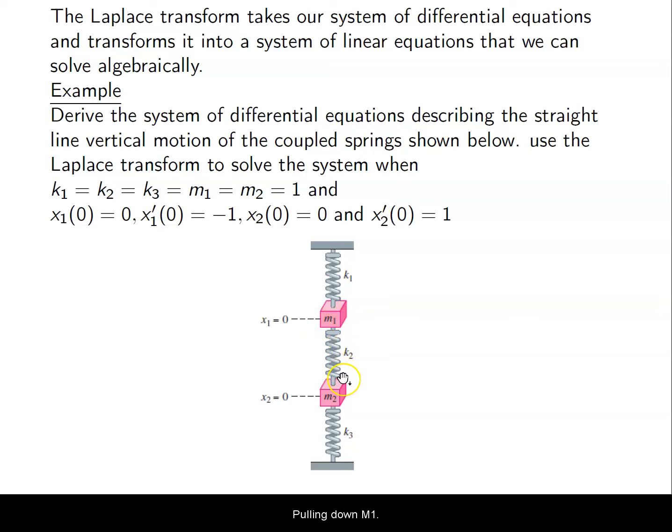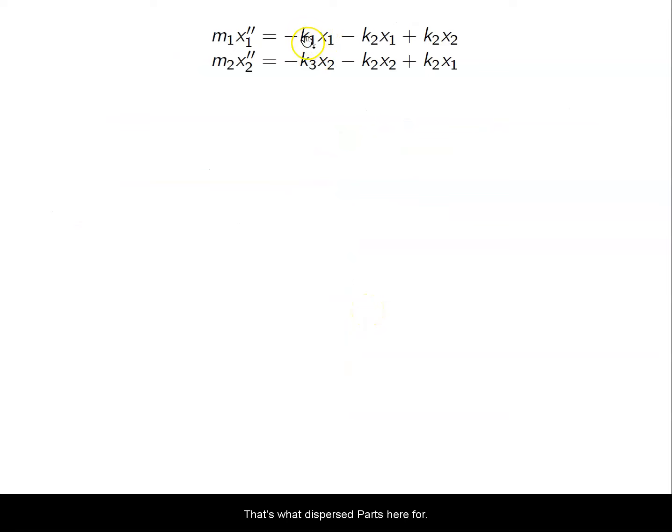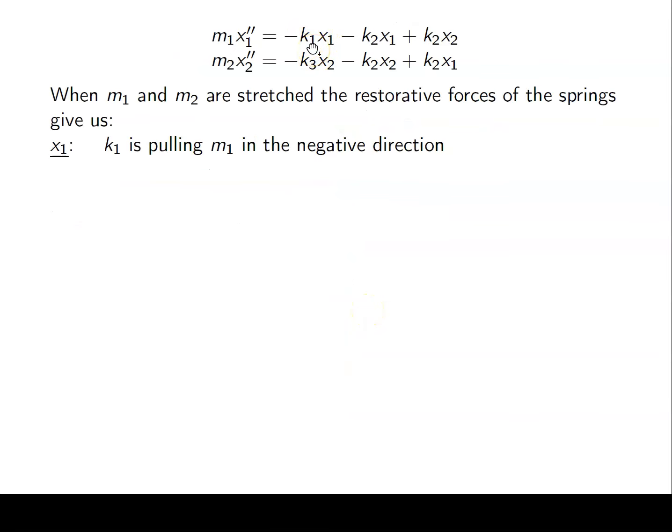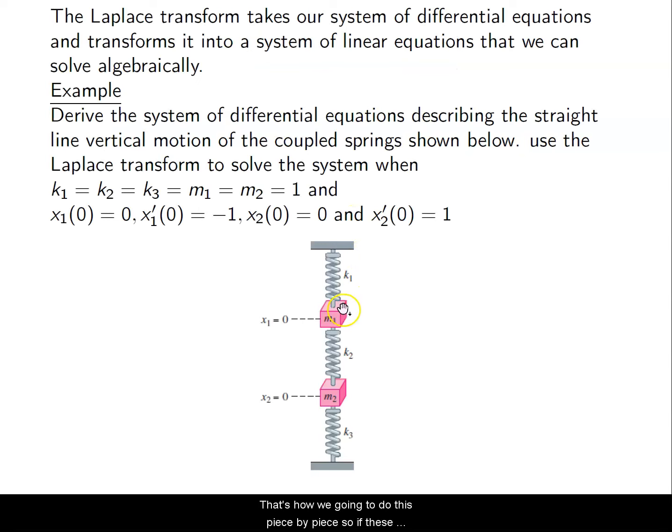If I'm pulling down m1, my spring k1 wants to restore m1 to its original position. It wants to pull m1 in the negative x1 direction. That's what this first part is here for. Okay, k1 is pulling m1 in the negative direction, which gives me that first term. Right? So that's how we're going to build this piece by piece.